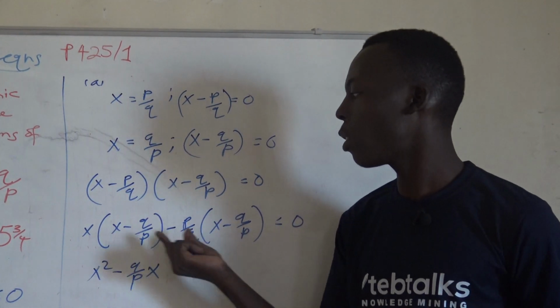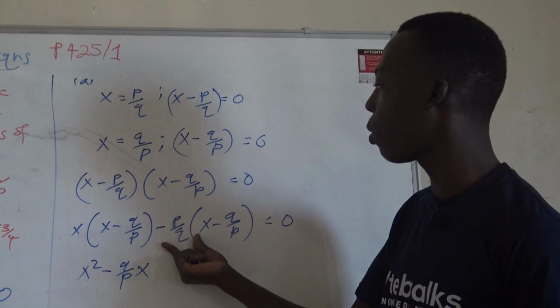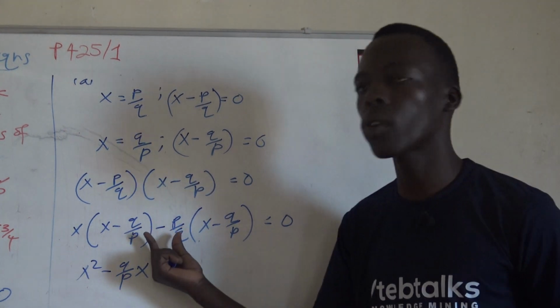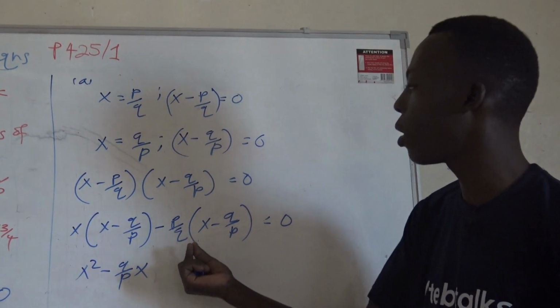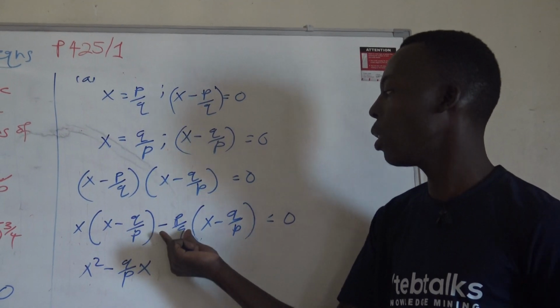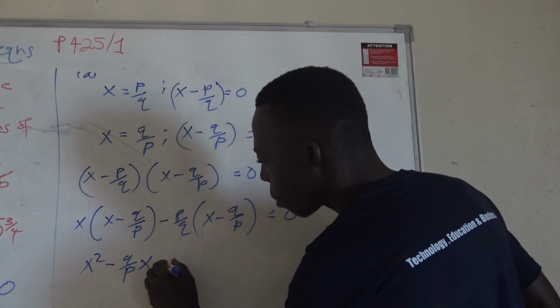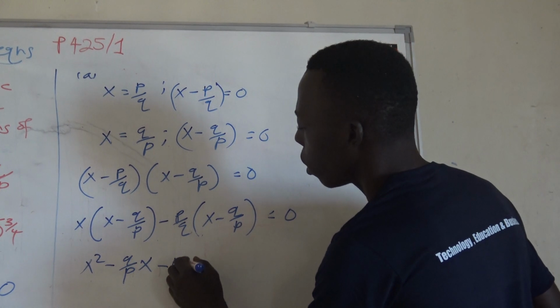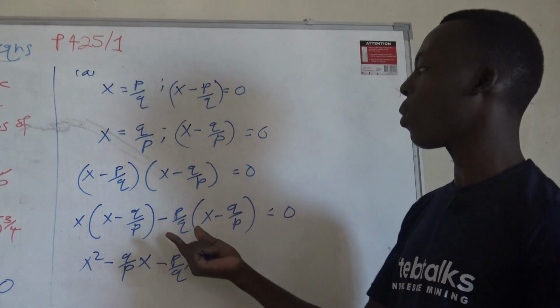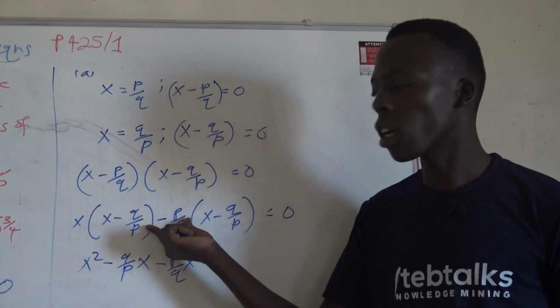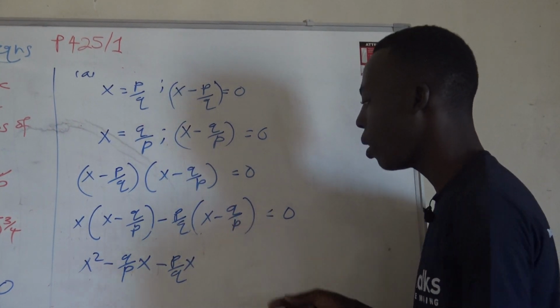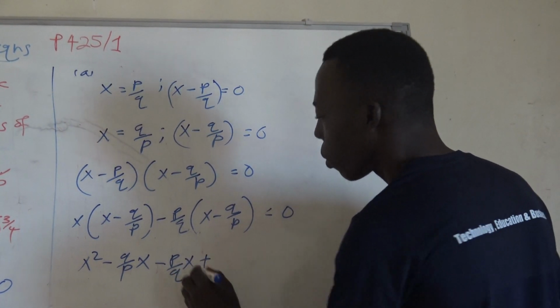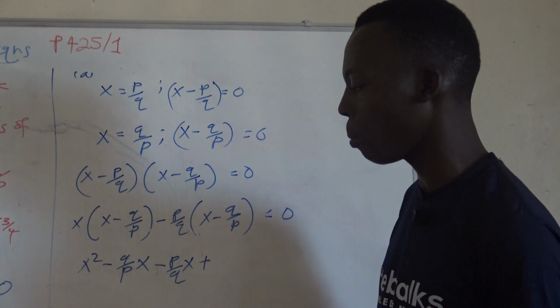So this side we have finished. We have to open also the brackets this side, and also consider the signs which are here. So negative p out of q times x gives minus p out of q x. Then negative times negative is a positive, because negative times negative gives a positive.